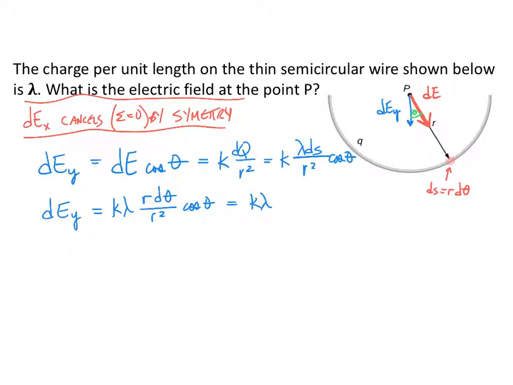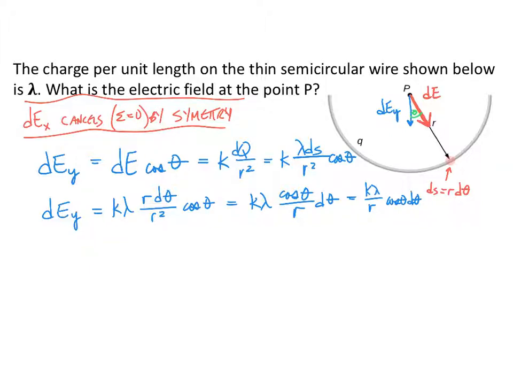Or in this case, cosine theta per r d theta, and then I can pull that r out, so I have k lambda per r cosine theta d theta. So really what I'm dealing with is an integral of cosine theta d theta.